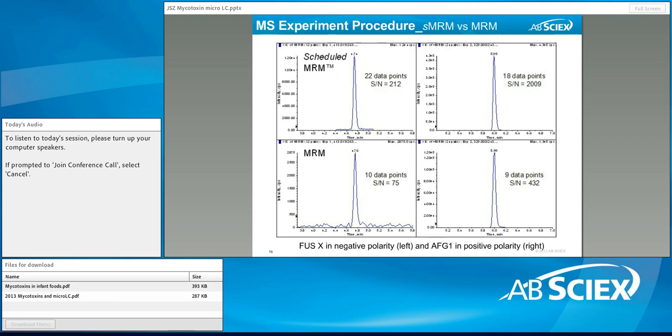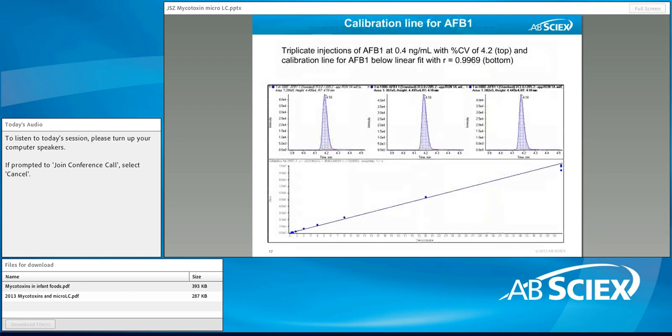That means you can increase the sensitivity just by using this kind of software. On the left side is one example in negative polarity, and on the right side is one example in positive polarity. For both polarities you get better sensitivity with scheduled MRM.